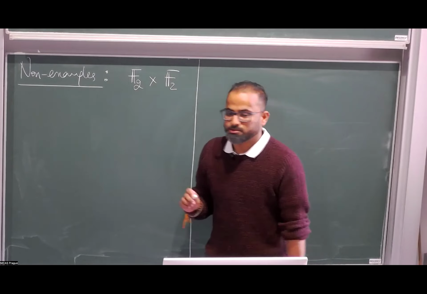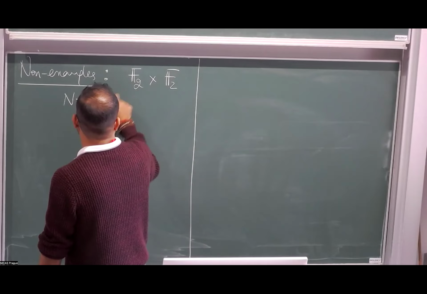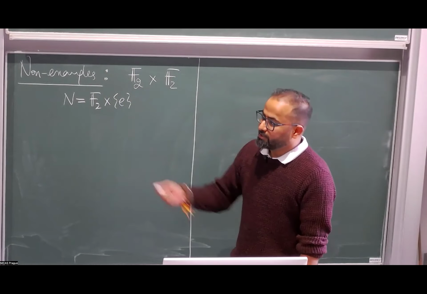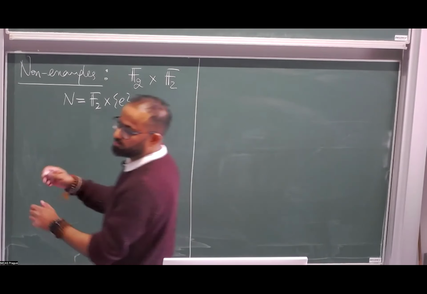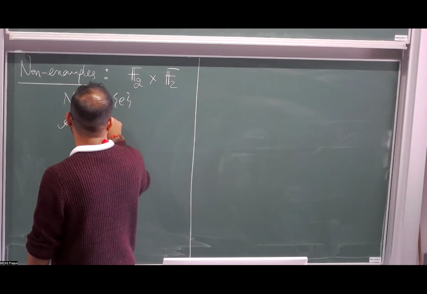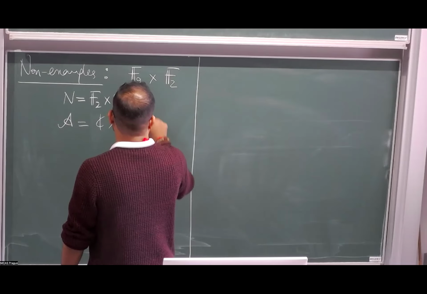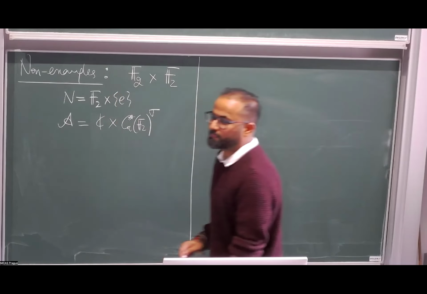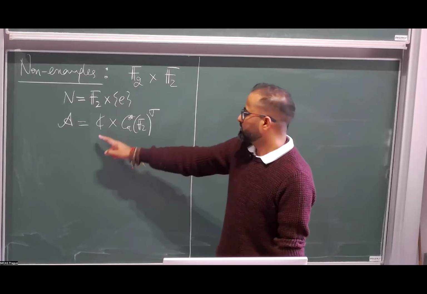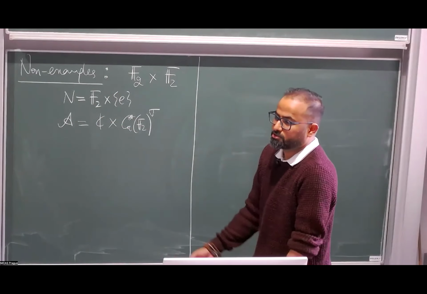This is the product of the groups, and take N to be the first copy. And then I look at the same example that I constructed, the fixed points. So take A to be the fixed point under the other guy. Now this is invariant because this guy acts on it trivially, but this does not come from a normal subgroup. This doesn't come from any subgroup.